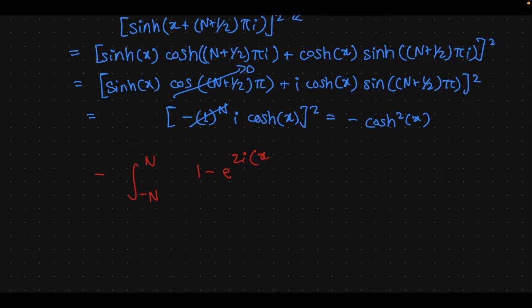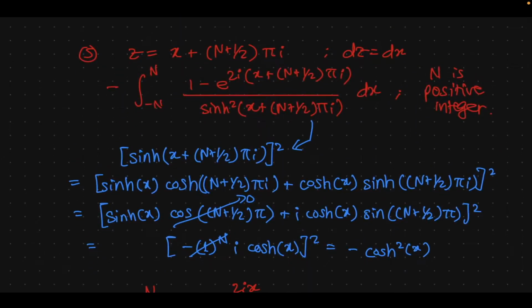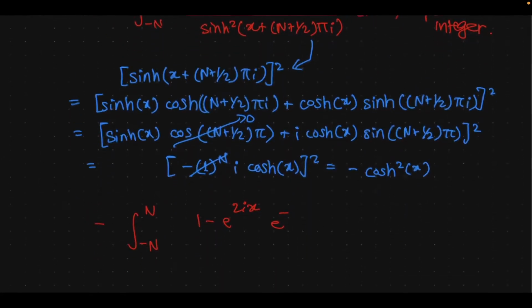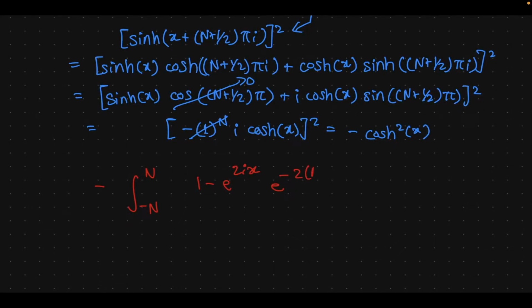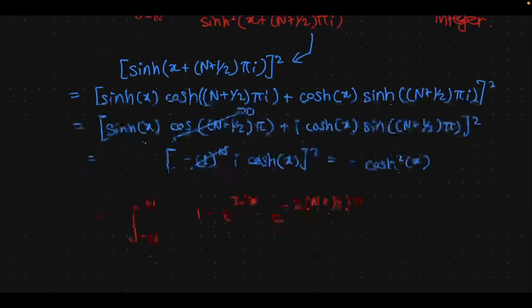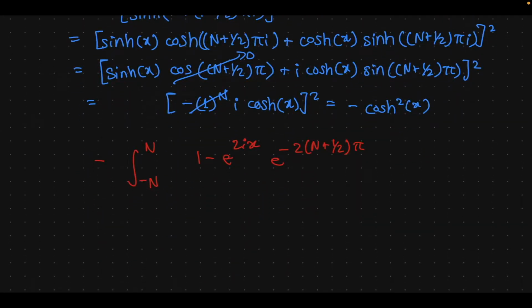Maybe I should just write this properly: e to the minus (n plus 1/2) pi, I believe, yes. So that's being multiplied with this exponential, divided by, so that this minus and this minus will become a plus, cos squared of x dx.